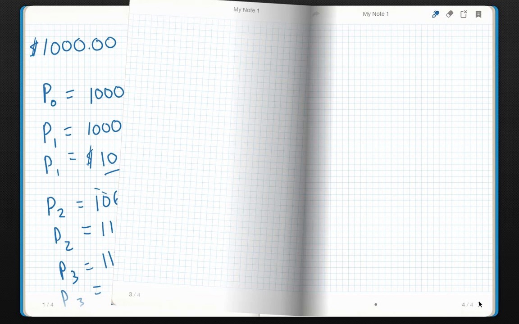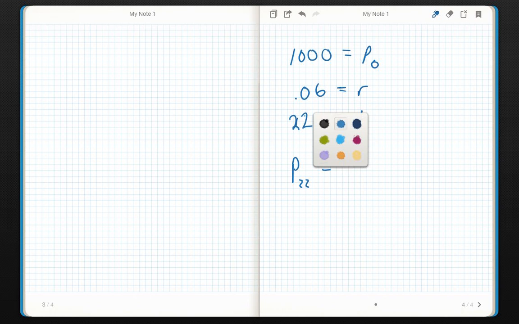So for instance, let's say we want to find out how much we have in our account after 22 years if we started with $1,000. So $1,000 equals P0, our interest rate is 0.06, and we want T equal to 22 years. Our balance, our P at 22, will be equal to P0 times 1 plus R to the 22.